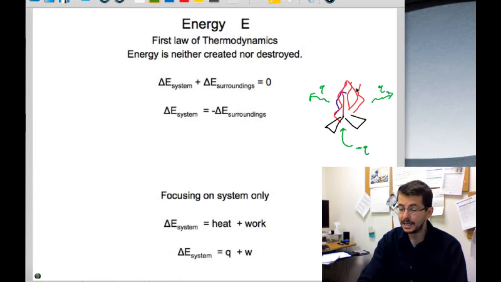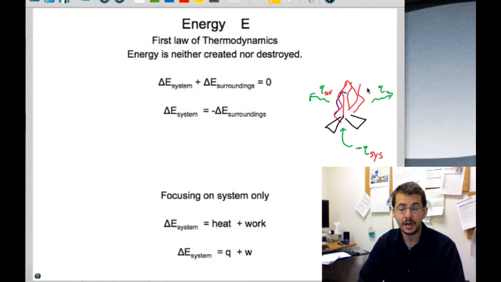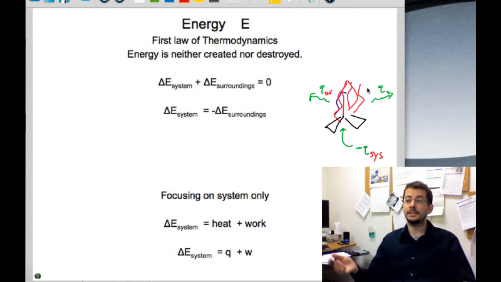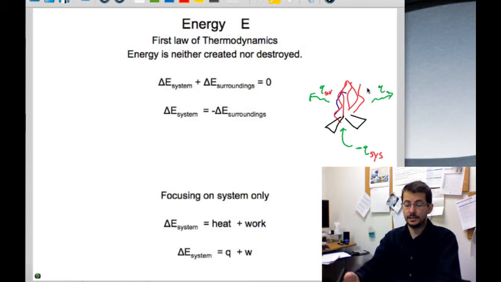So depending on where we draw the line, where we're looking at the system or the surroundings, determines the sign. Heat gained by the surroundings is lost by the system.